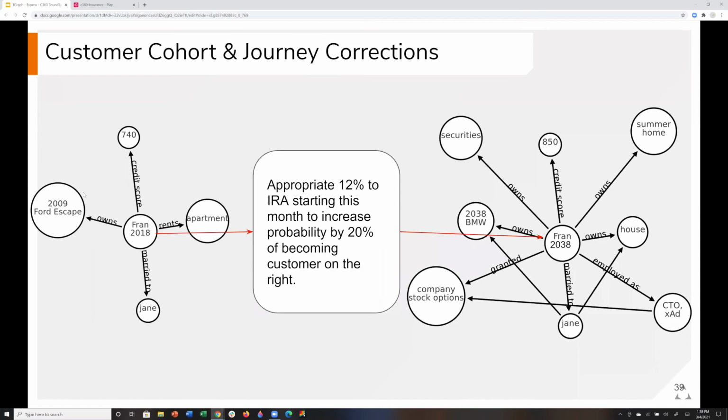The bank is interested in this as well, because long-term relationships are good for both the bank and for Fran. As we just showed, we can use those customer journey predictions to make recommendations to financial advisors about how to help Fran get to where he wants to go. And again, that's that know your customer's customer.